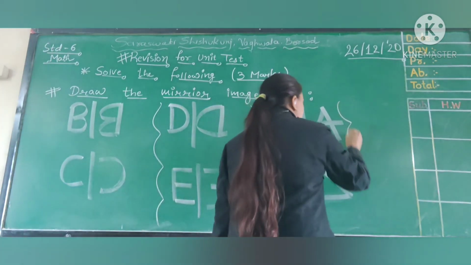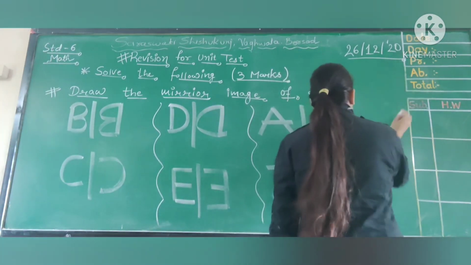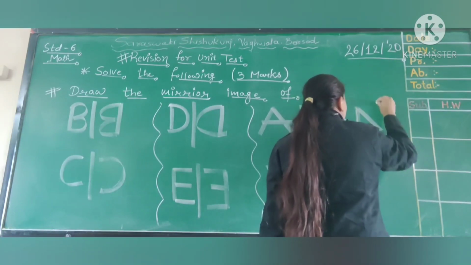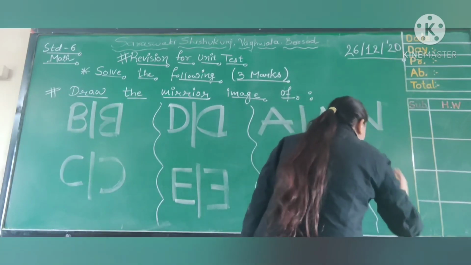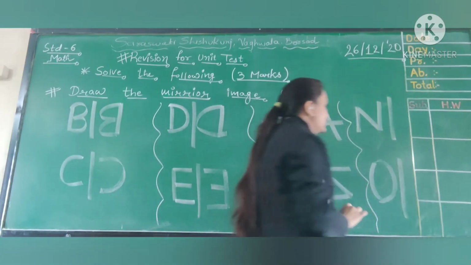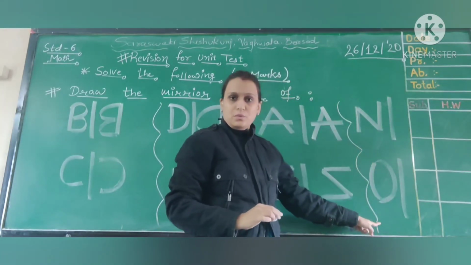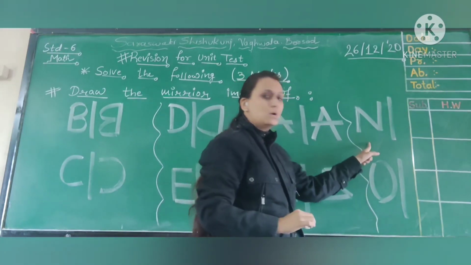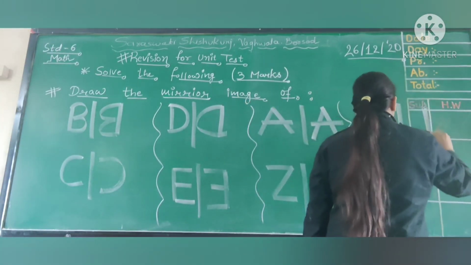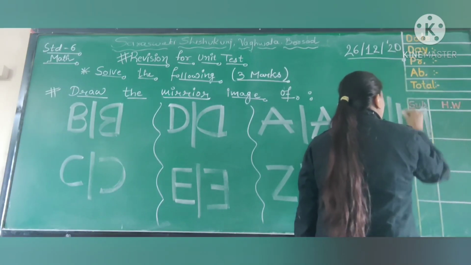Let us see one more example. Suppose we have the letters N and O. How will they look after reflection? After reflection, N will look reflected.